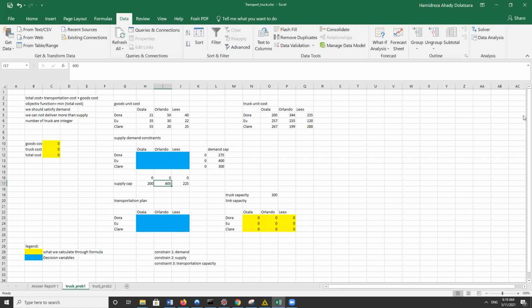If I send 200 in each truck, I'm not fully utilizing the truck capacity, which is 300. So the second blue table is the second type of decision variables, which you want to decide which transportation plan you have. So if it's one in each blue cell, it just means you use one truck on that origin destination route.